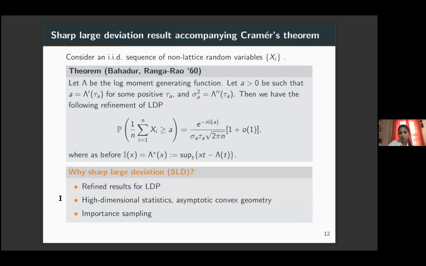There are many reasons: the refined results might give us more information for high dimensional statistics and asymptotic convex geometry, but it could also be useful for importance sampling. If you want to calculate very small probabilities, so volumes of very thin shells, which are very small in large n, then knowing this prefactor can be useful in developing efficient techniques to sample.